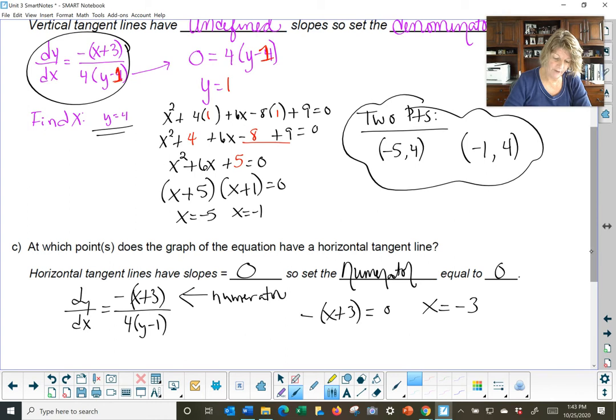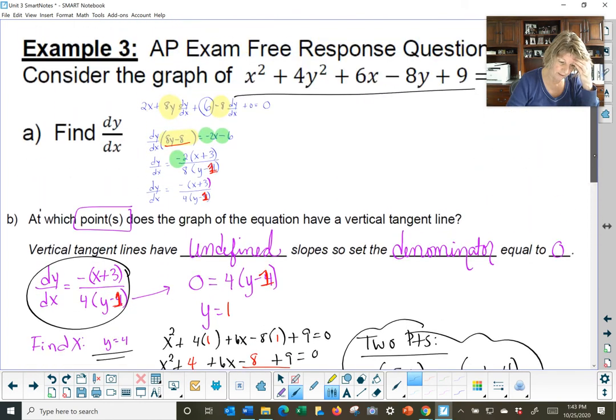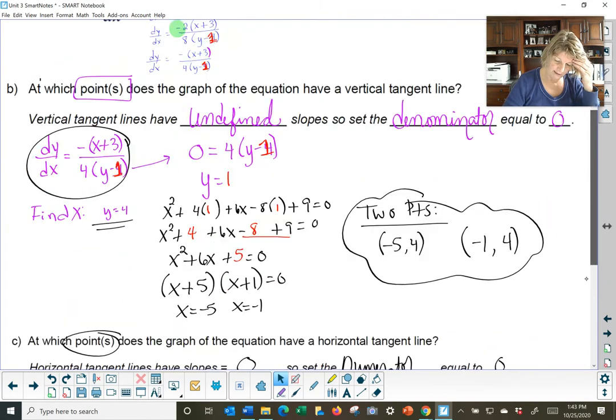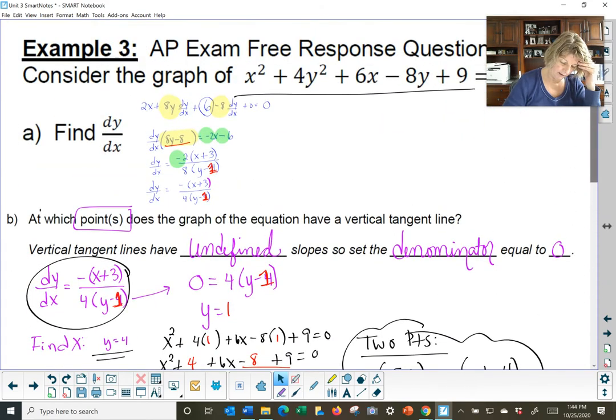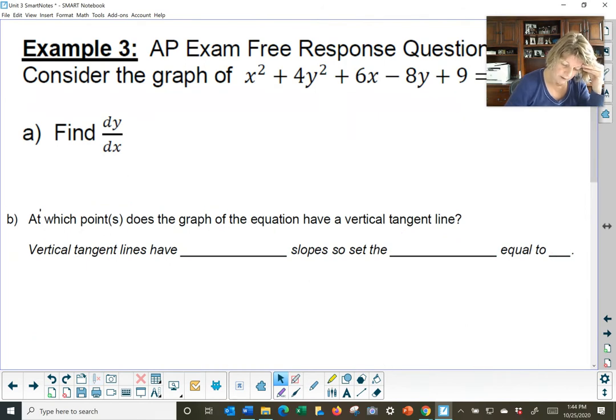Now I've got to go find the y value, because once again it asks for the points. So I've got to plug it into my original function, which is way up at the top. I'm going to erase and work from here. So I'm putting in negative 3 for x.